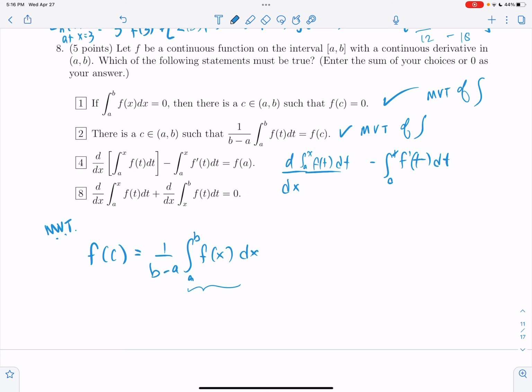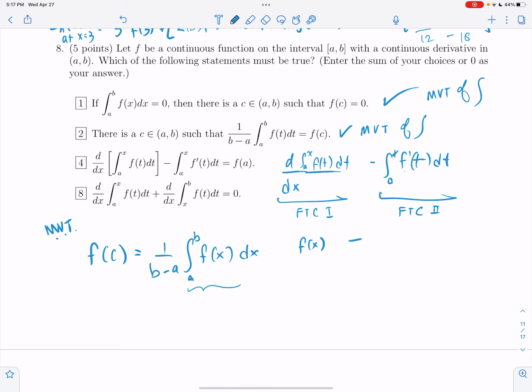So here we're differentiating an integral, so FTC1 comes into play. And continuous derivative, so f prime is also continuous, and FTC2 will come into play over there. So by the fundamental theorem of calculus 1, the derivative of that first integral will just be f of x. Now FTC2, what does that say?